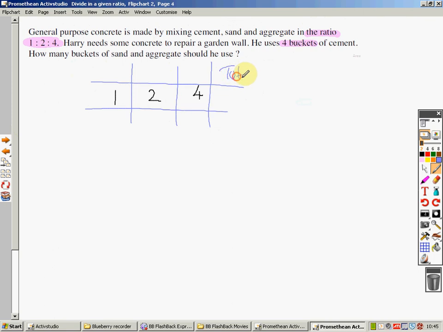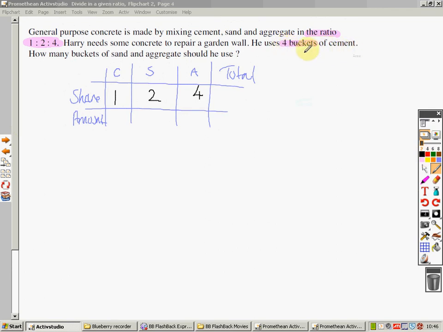A total, that's my share, and my amount, and it was cement, sand, aggregate, CSA. I was also given another bit of information in the question, and that bit of information was the 4 buckets of cement. So I need to write a 4 under the cement.